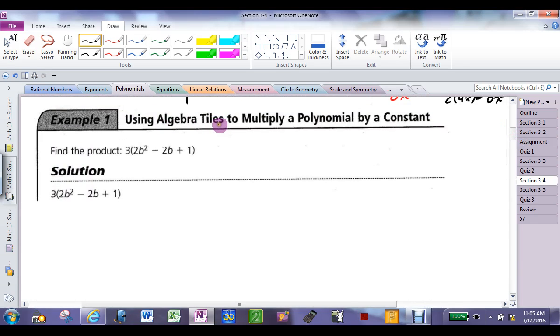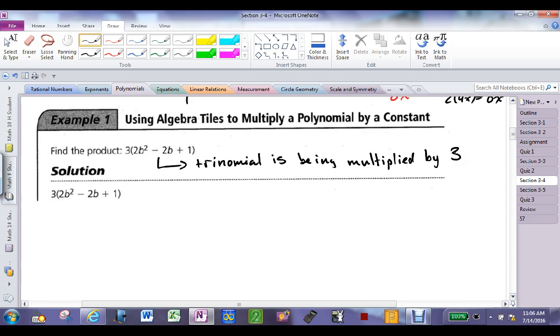So, we're going to use algebra tiles. Alright? So, what do we draw? Algebra tiles for what? For the 3 or for the 2b squared minus 2b plus 1? Right, because this trinomial is being multiplied by 3.